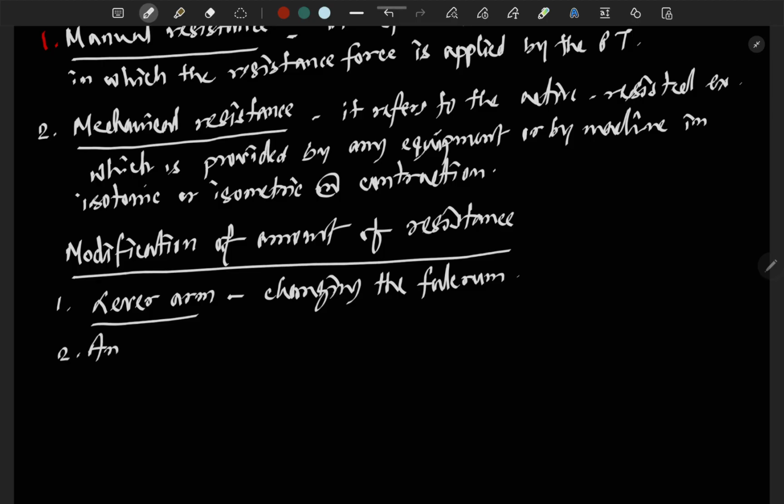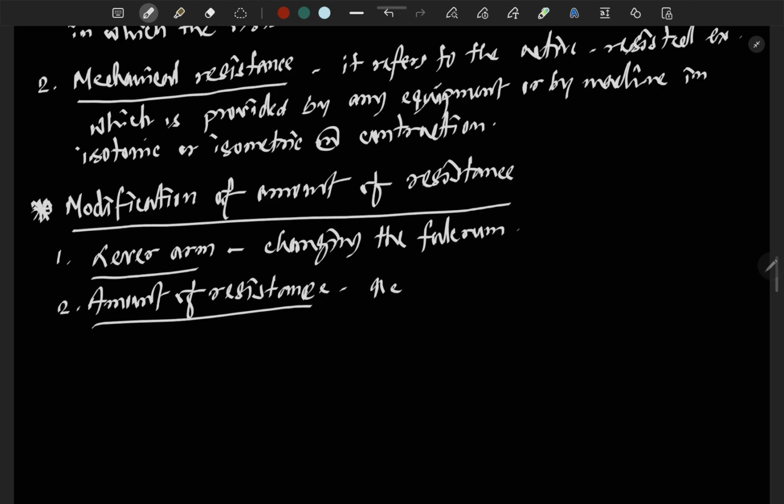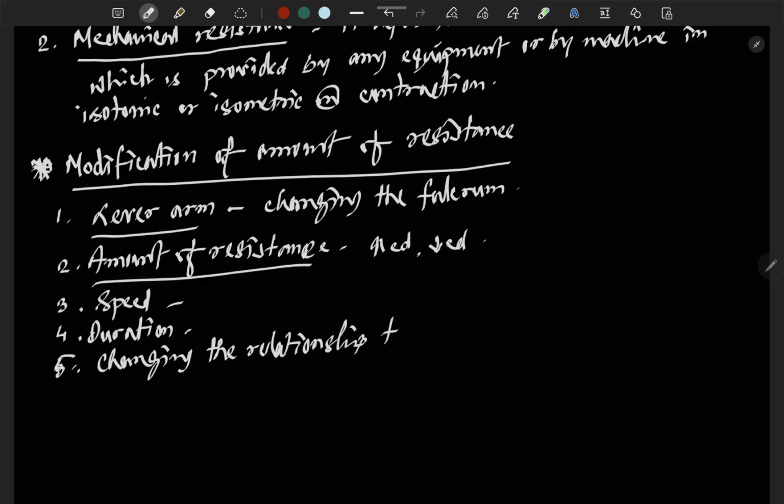Number two is the amount of resistance by increased or decreased speed, duration, changing the relationship to gravity.